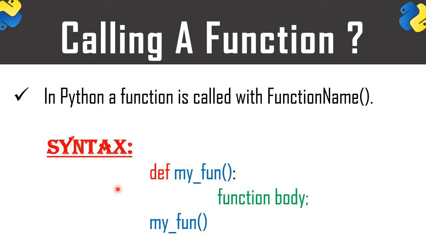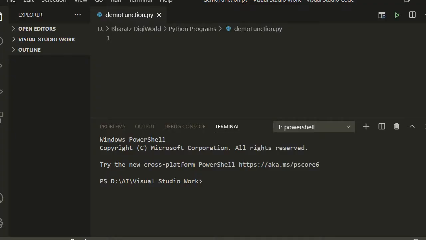Now let's practically implement how to create a function and call a function. Let's see practically. So this is my Visual Studio and here we will create a function. Creating a function, I have given a comment here. Now I will write def. This is the keyword to create a function.